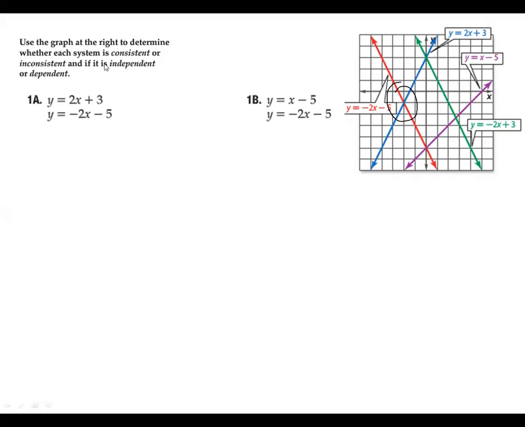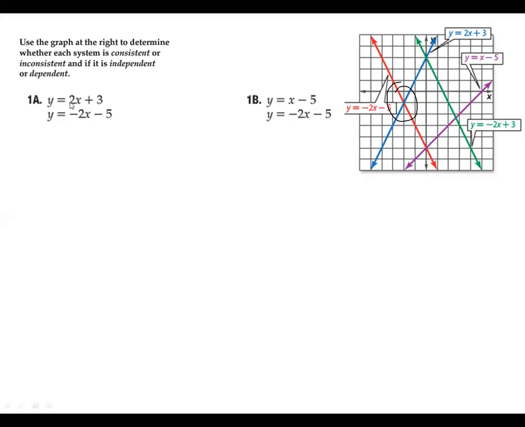So they would be consistent and independent. For these ones, y equals x minus 5 is the purple line, and negative 2x minus 5 is the red line. And you can see that they intersect once. So again, they're consistent and independent.